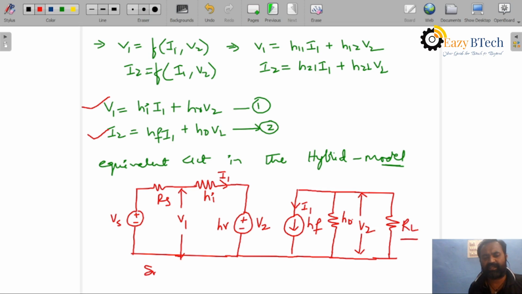This is the small signal equivalent circuit.